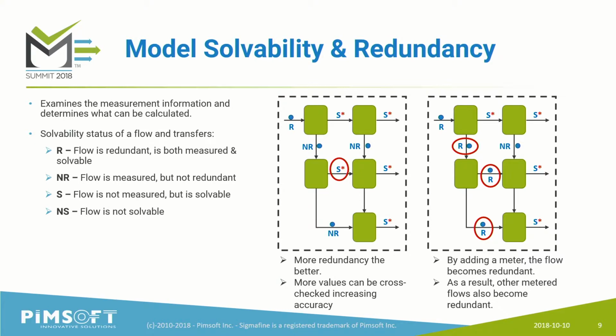For example, in these two schemas, we can see how the redundancy changes only because we have one measurement more. In the first schema, of course, Sigmafine can anyway calculate the measurement of the flow from the other two flows because they are measured.